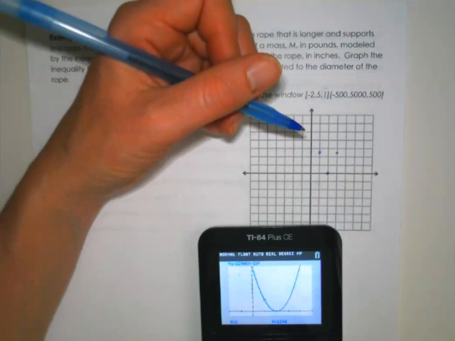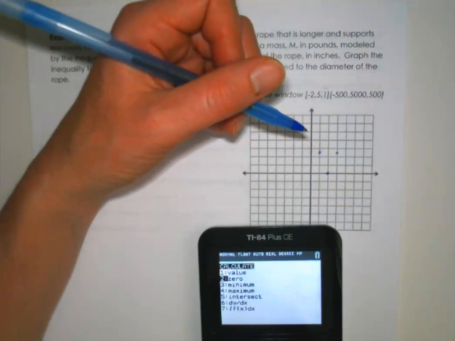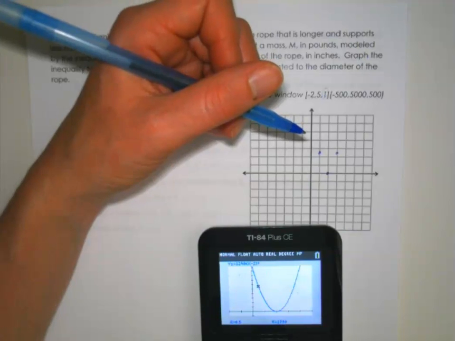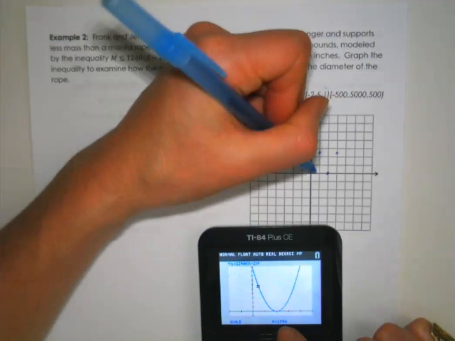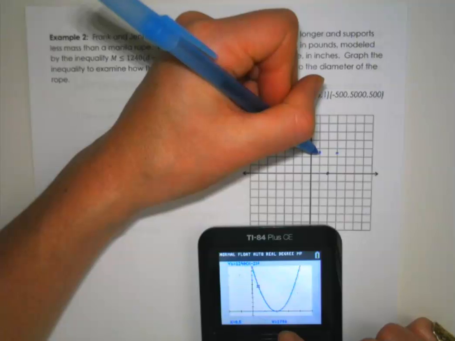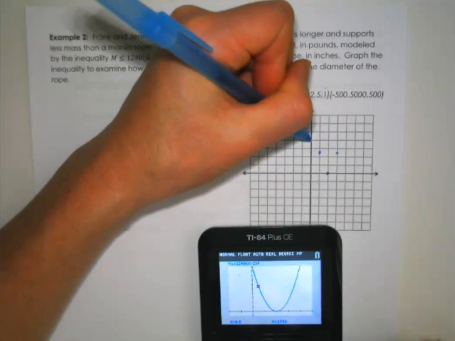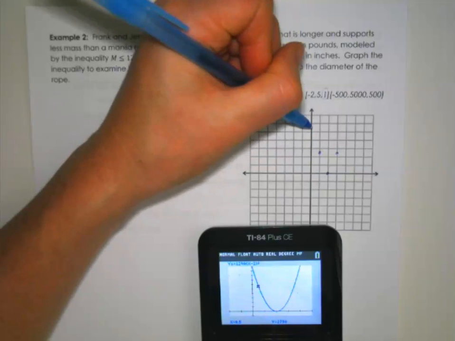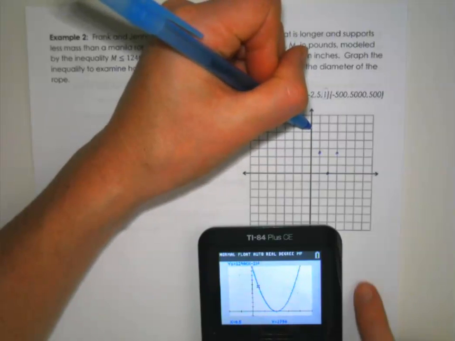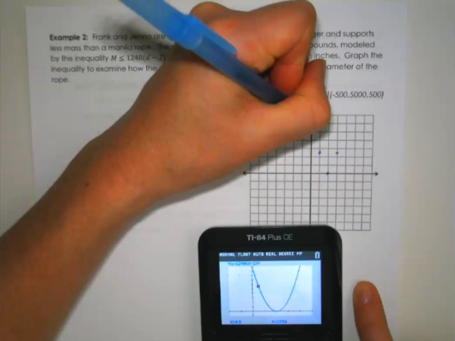And then we could still go in and do that trace value. We could put one at 0.5. If we go to a half here, we're at 2790. So that'll be 500, 1000, 1500, 2000, 2500, and 2750 is about halfway. So I'm going to put that right there.